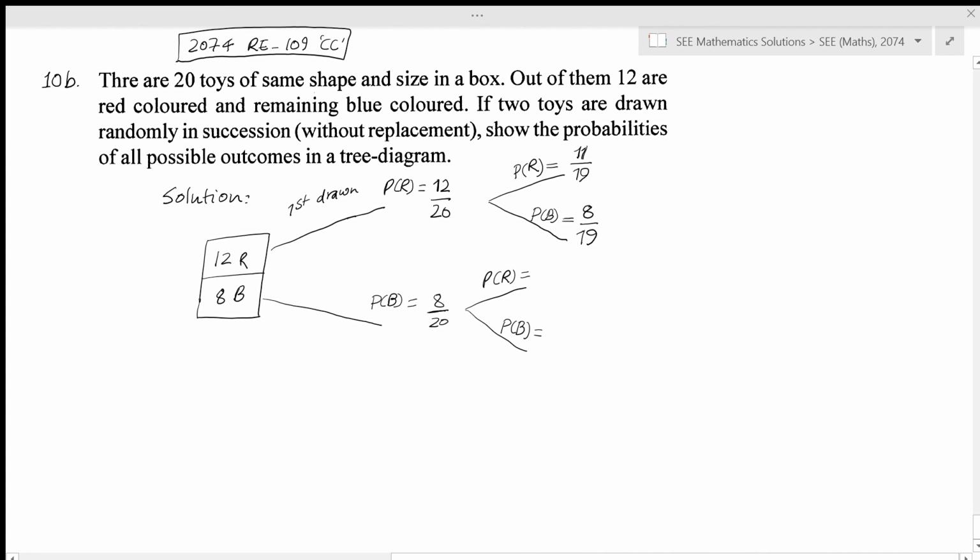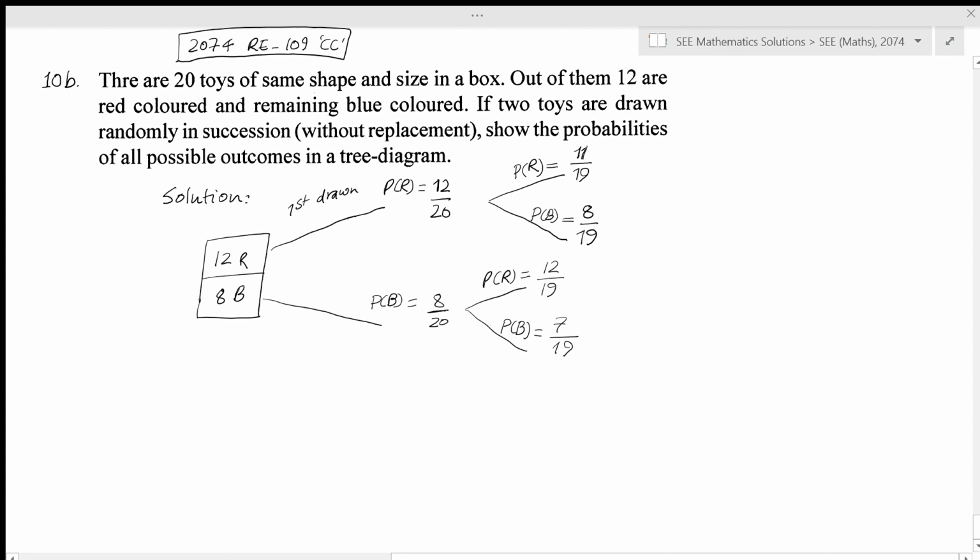That means there will be 7 blue and 12 red left. So the number of red remains the same, and the total number of toys left is 19. In the case of red, we have 12 options from 19 total options, and for blue we have 7 options left because one was already drawn, and total options left are 19, right? If we add these two, it will also give 1, or 19 out of 19.